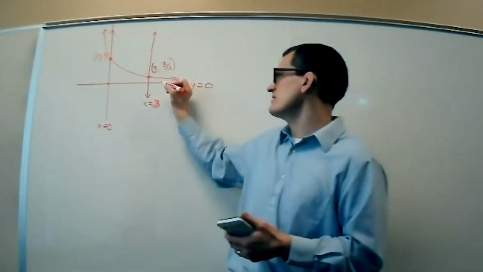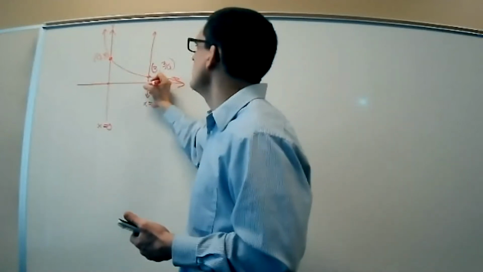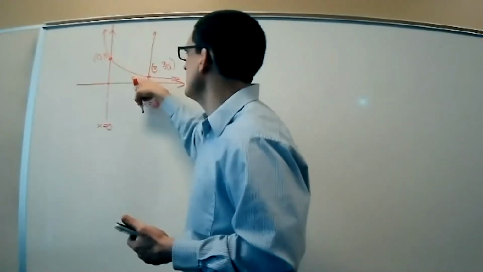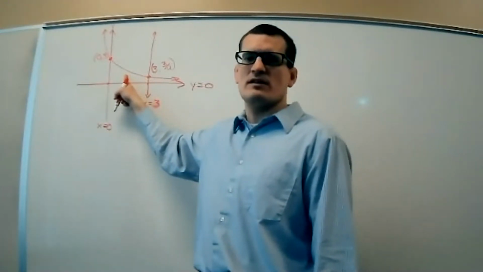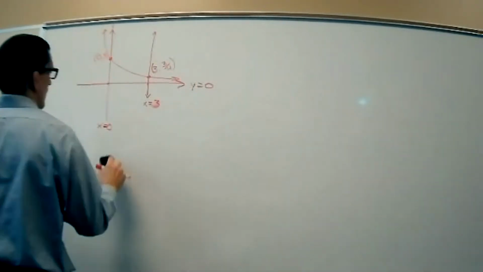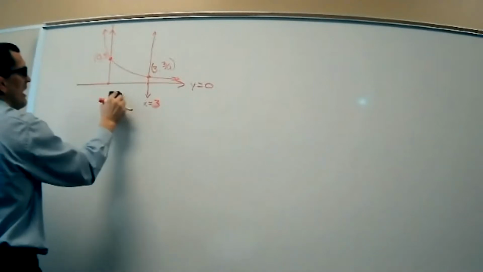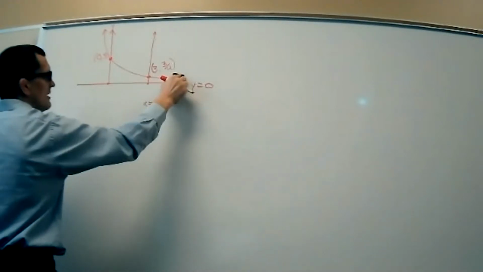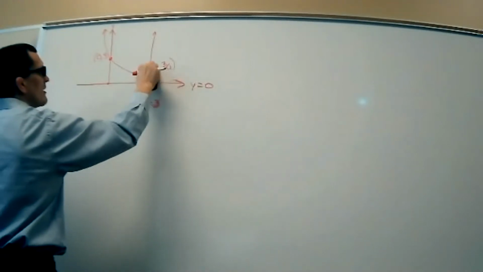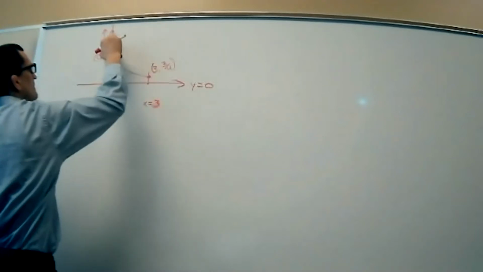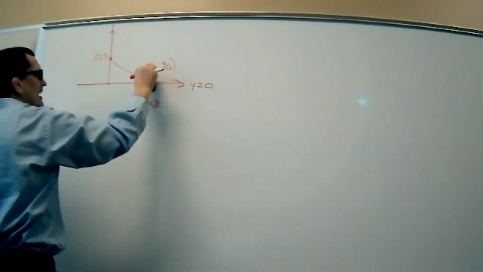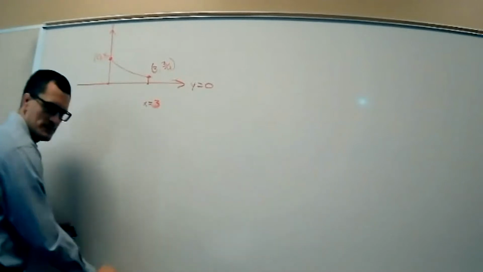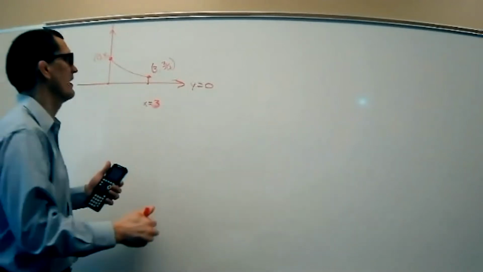This obviously is 3, 0. And you can see that this little region here is the bounded region that we're dealing with. I'm going to erase some of the lines that stick out just so it gets a little less messy. So we're looking at that region.